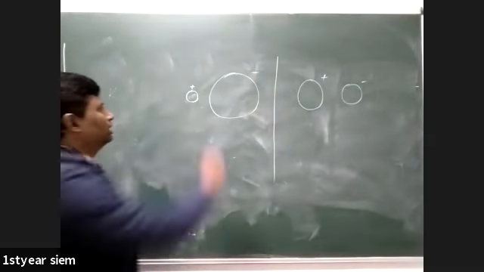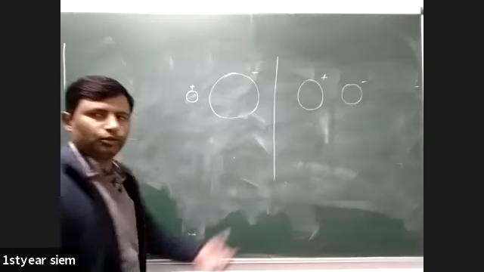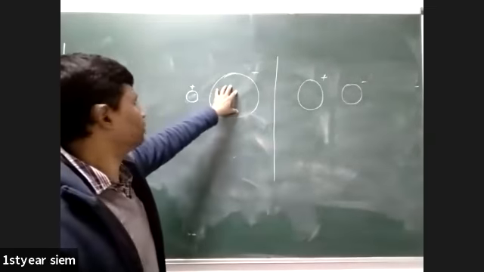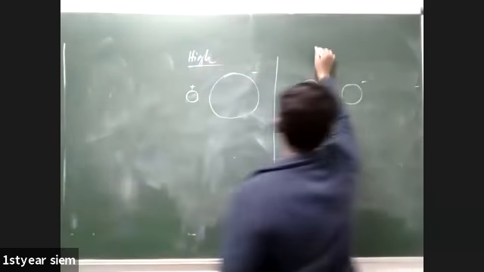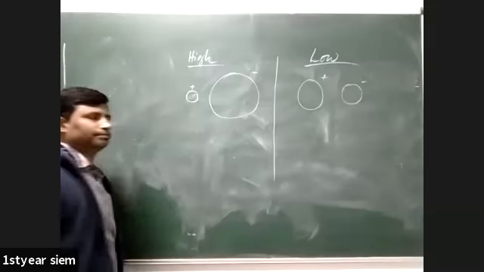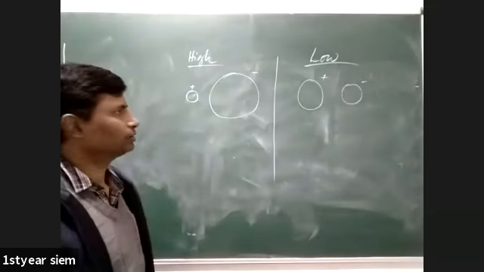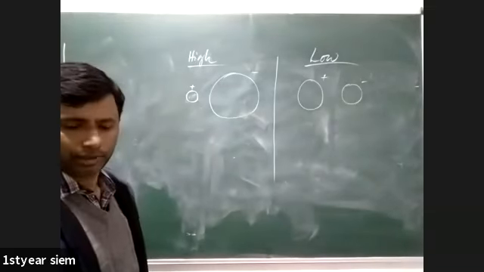Because the cation will attract the electron cloud of the anion. That is why if the anion is large, there will be high polarizability. So you remember these things? Sir, then the sign will change.